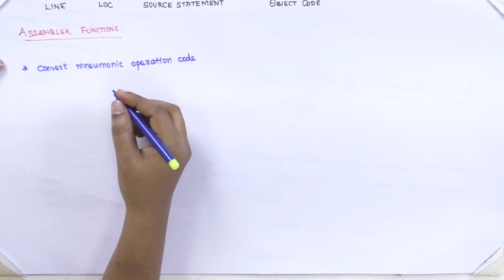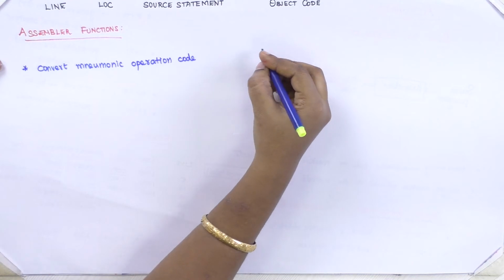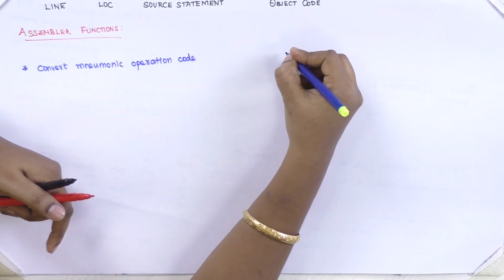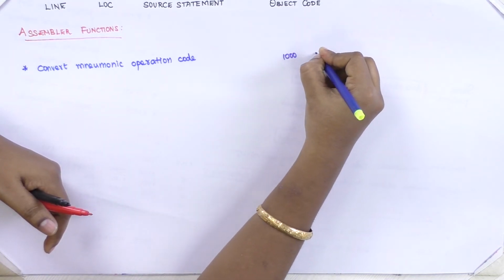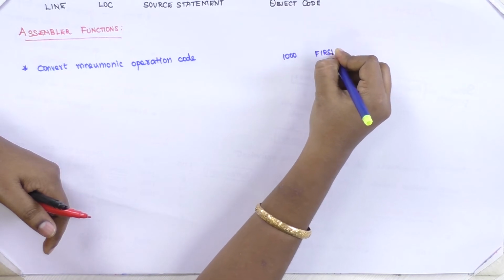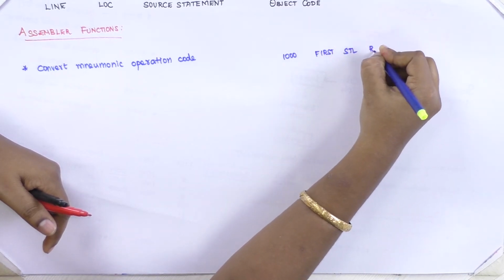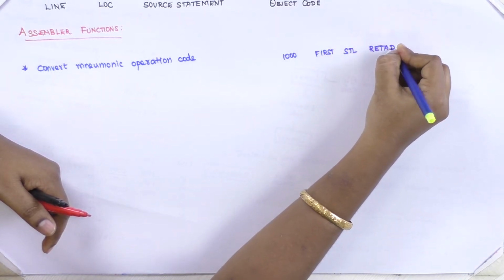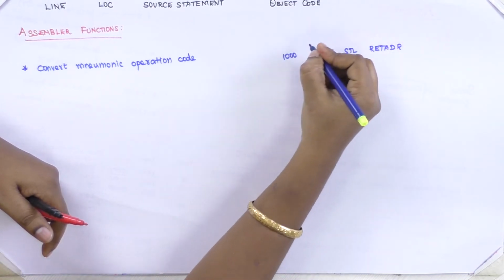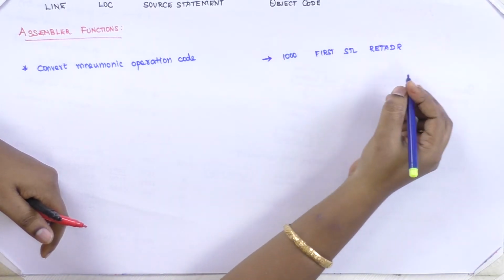For example, in our example program, the first line is STL RETADR.